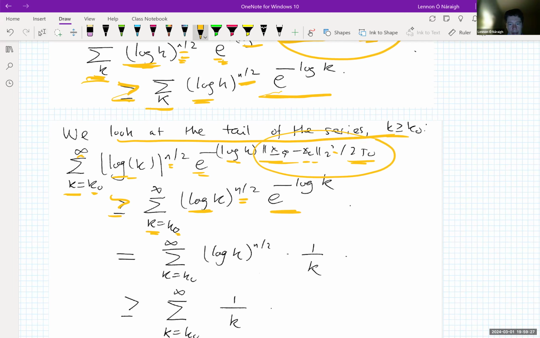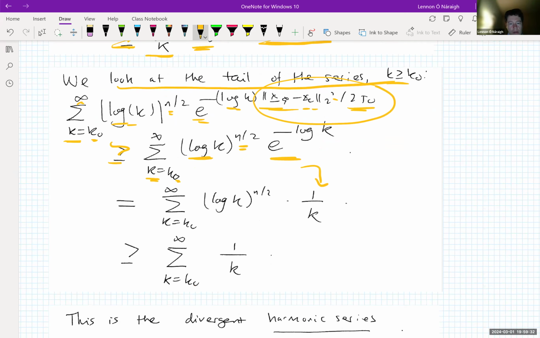And e to the minus log k is 1 over k. Log k for k sufficiently large is greater than or equal to 1. So again, if I pick the tail of the series, this will certainly be true. So this sum is greater than or equal to the sum from k equals 0 to infinity of 1 over k.